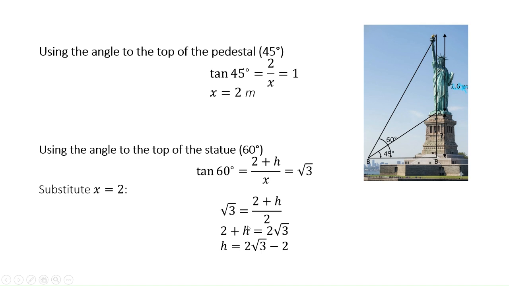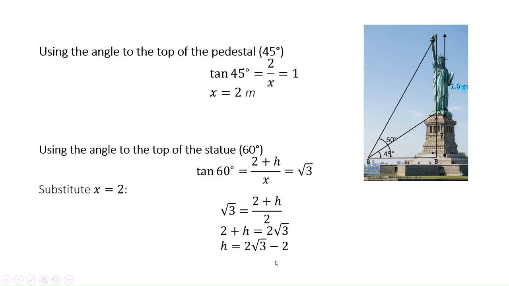So root 3 is equal to 2 plus h by 2, because we found x to be 2 using tan 45. In the place of x, we substitute 2. By transposing the terms, 2 plus h is equal to 2 into root 3. So h is equal to 2 into root 3 minus 2.